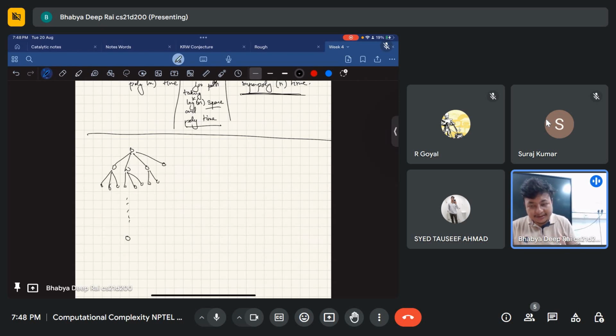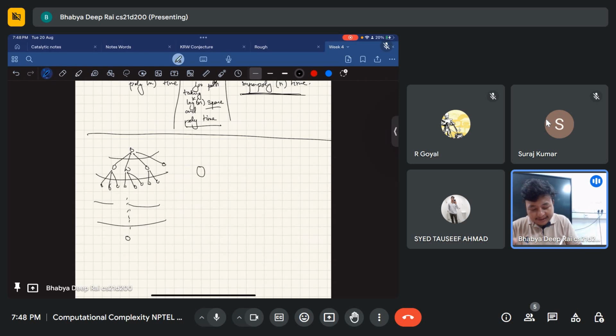In the worst case, you will be exploring all the edges in the graph, all the vertices in the graph. You'll explore this, then you'll explore this, and in the worst case, you will not find the node that you are looking for. In that case, you will explore all of them.